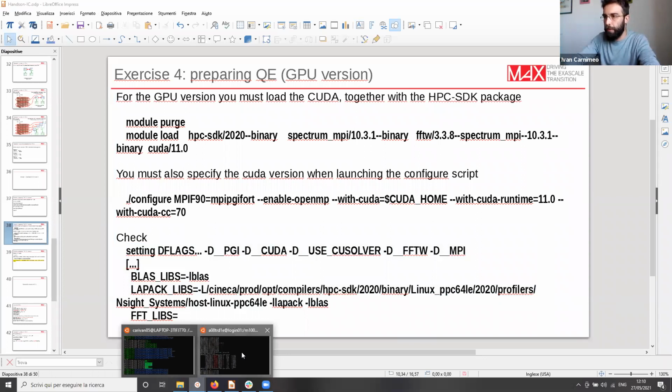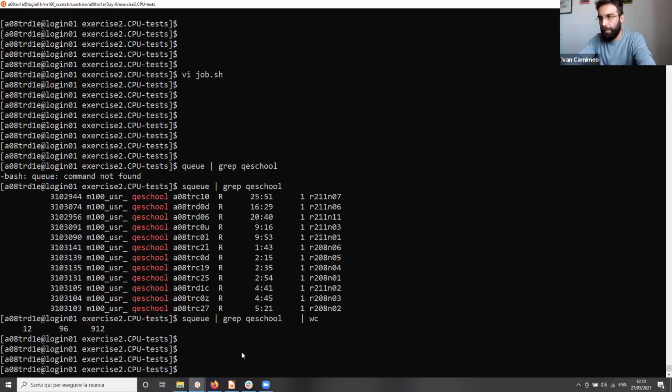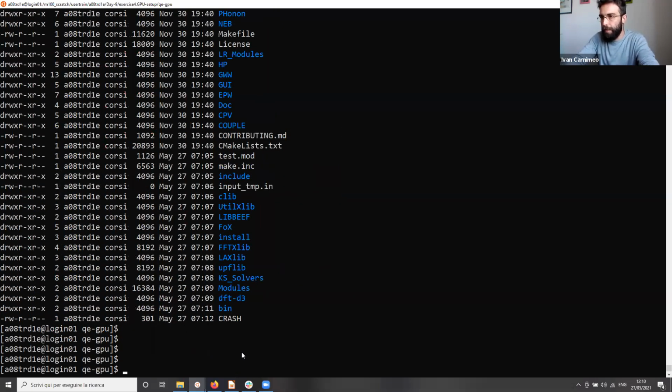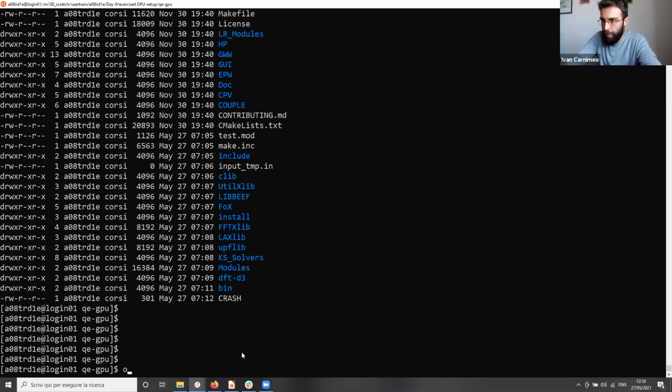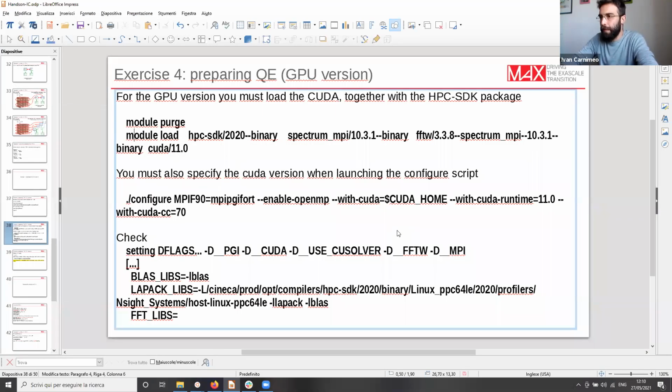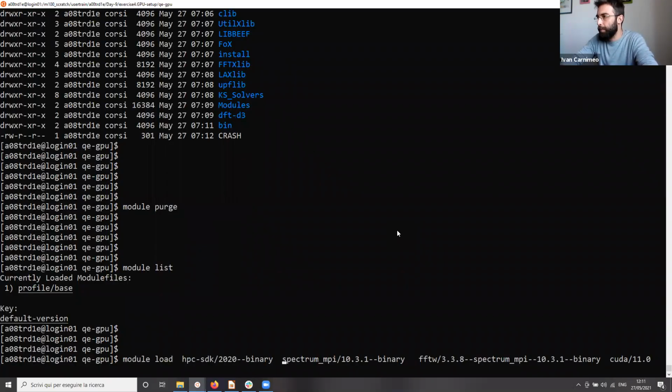So I go to exercise 4. Again, here I first purge the modules, module purge, so now I am sure that I have no modules that would interfere. Then I copy the modules here: HPC SDK, Spectrum, FFTW, CUDA, module load.